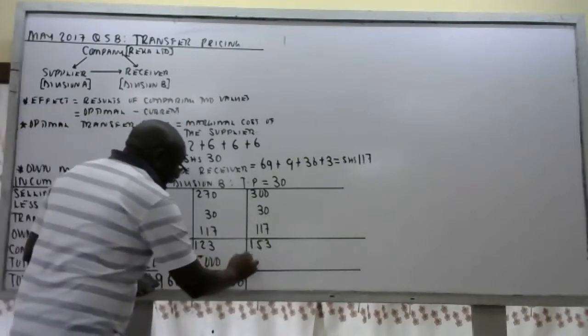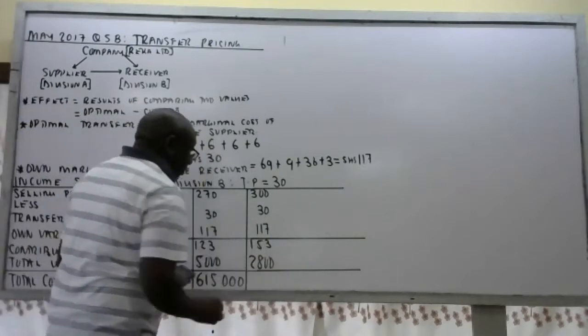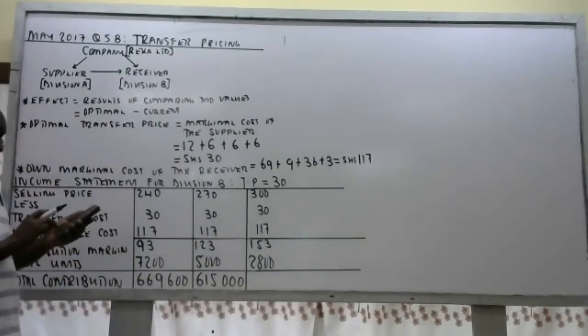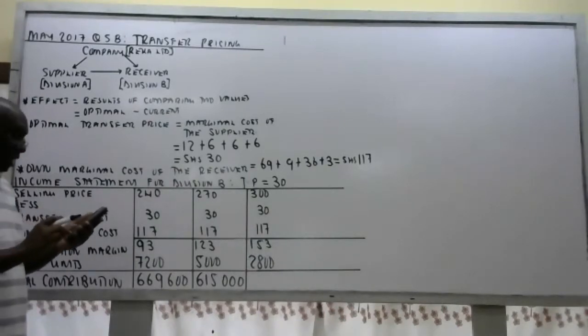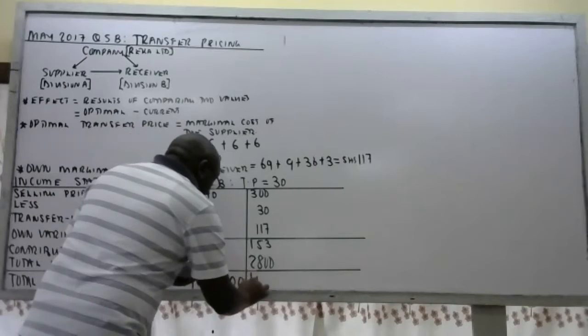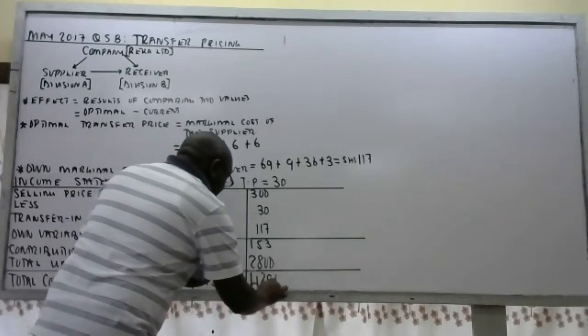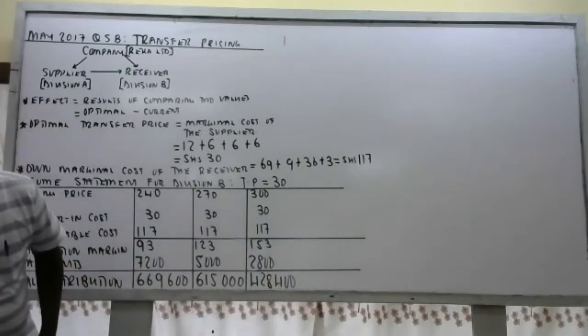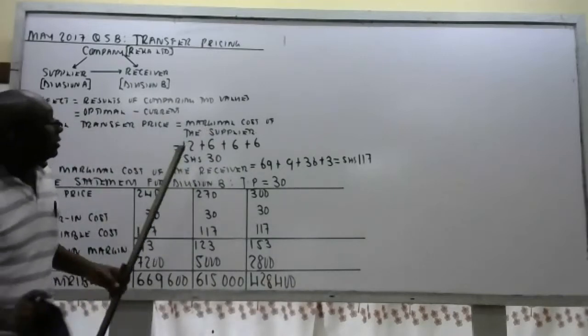And the units are 2,800. So 153 times 2,800 is 428,400.